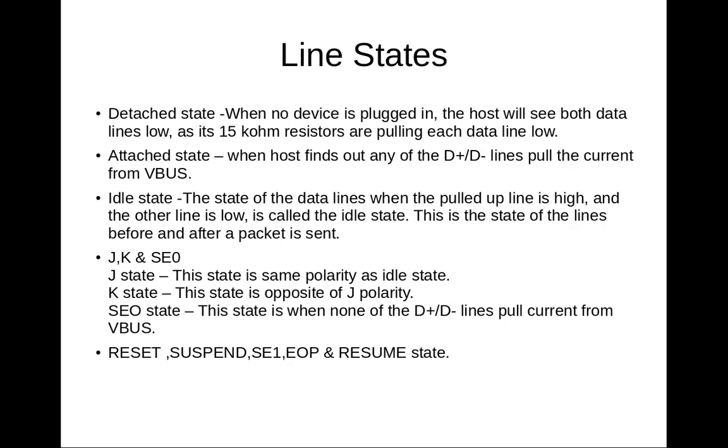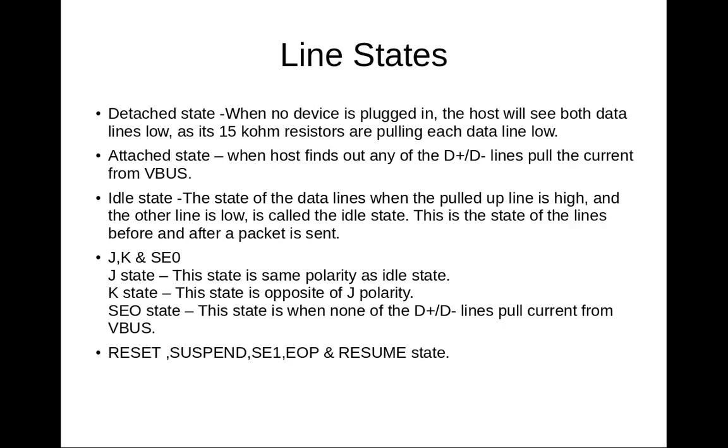J state has the same polarity as idle state, meaning either D plus or D minus is pulling the line up. Say for instance D plus is pulling the line up, so it's also known as J state.